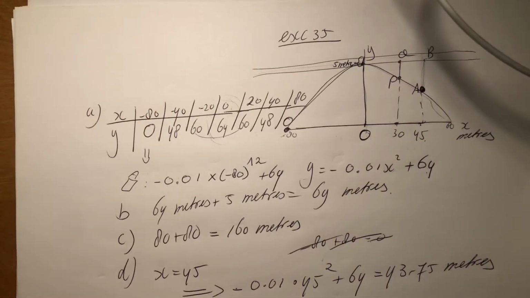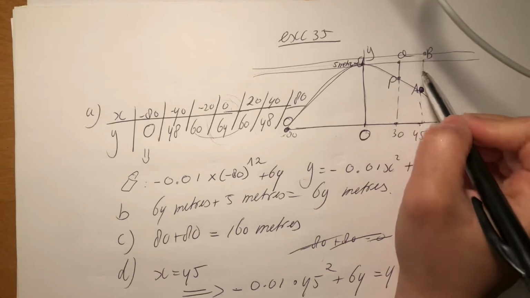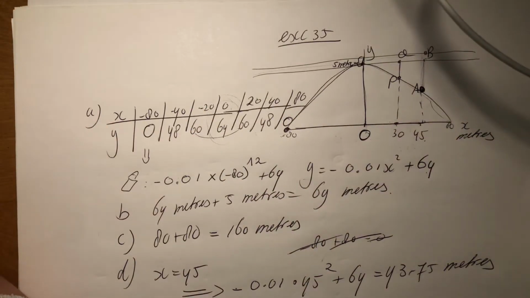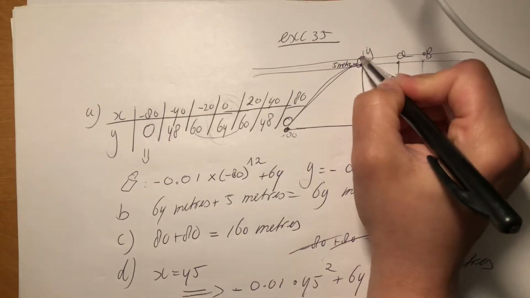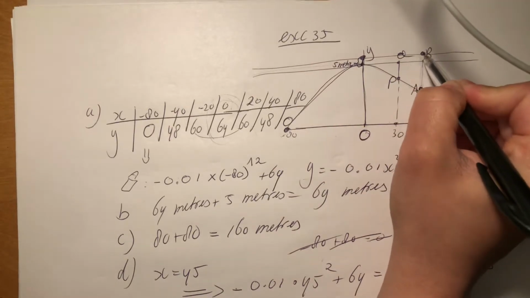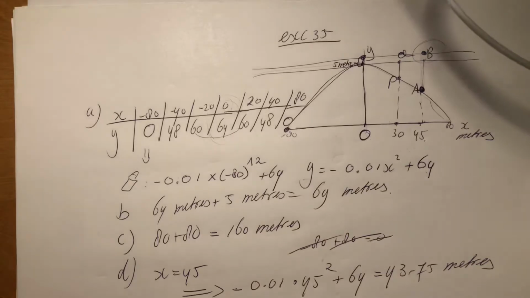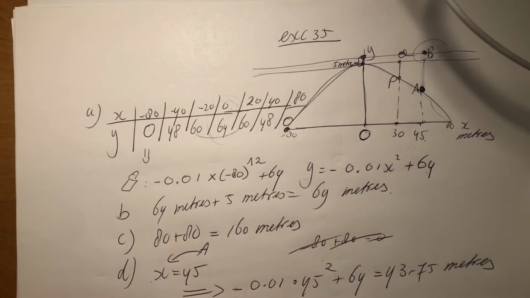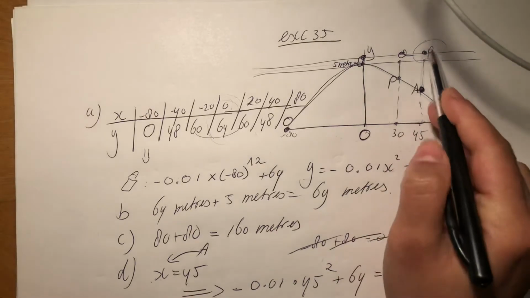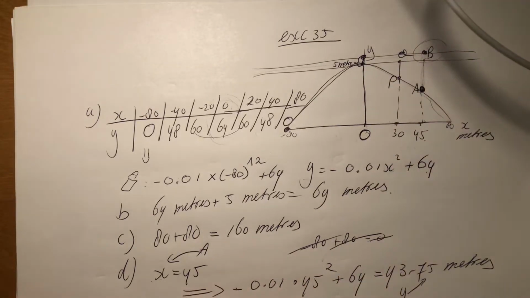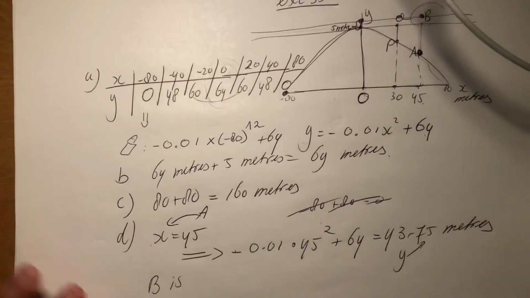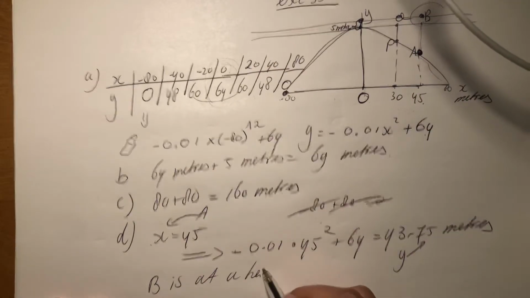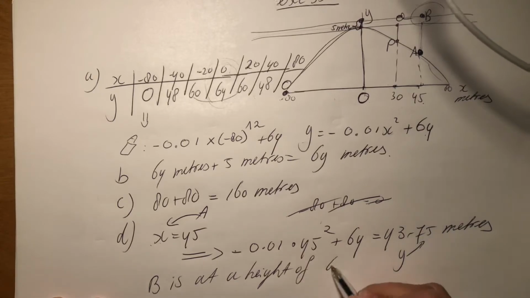What do you know about point B? Point B is on the railway track. Look into your book. So this was the highest point, Q is here, and B is also there. So this is the x that belongs to A, and this is the y that belongs to A. You know that B is at a height of 69 meters.